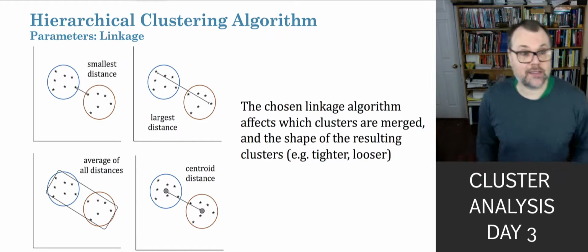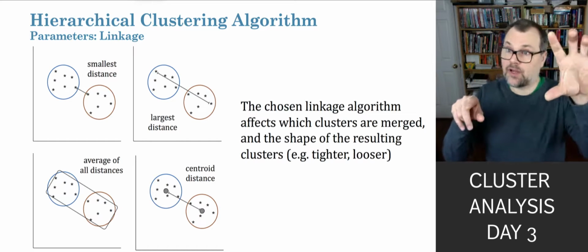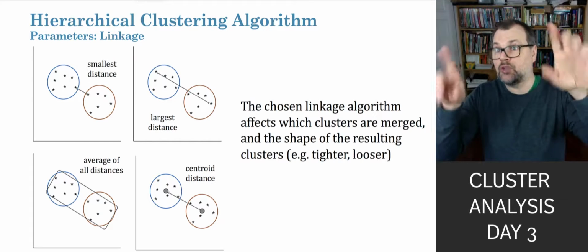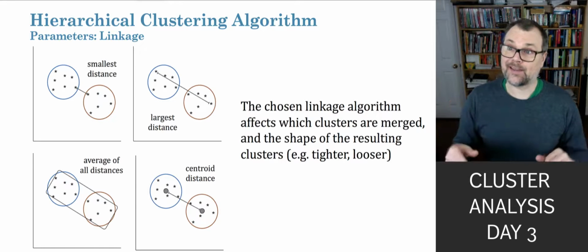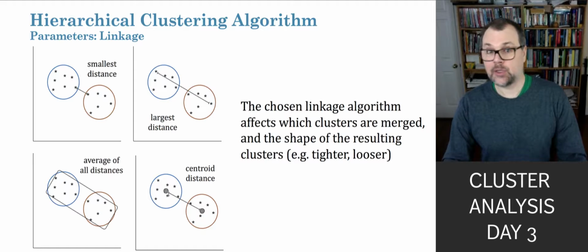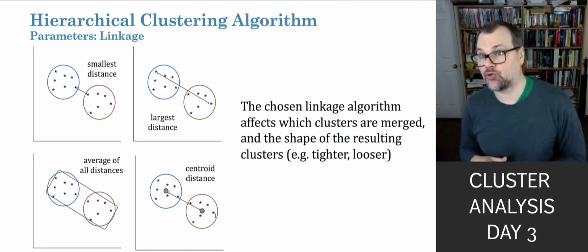You could decide to do all of the distances from observations in one cluster and the other. You look at all of them, and you do the average of these distances. Or, instead of averaging over the distances, you could average over the points, create the centroid, average over the points in the other cluster, also a centroid, and then compute the distance between the centroids.